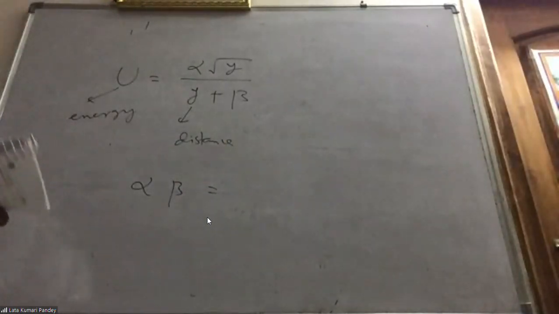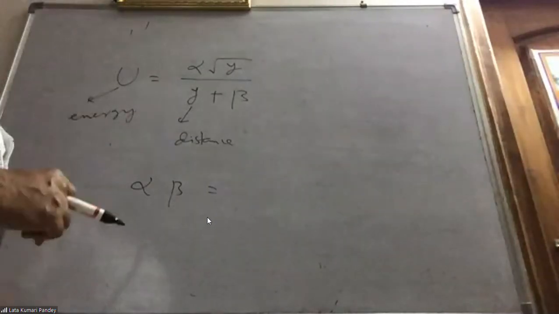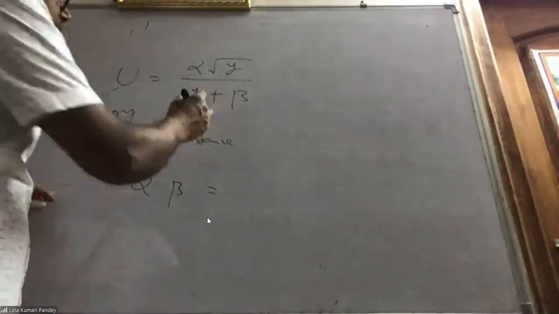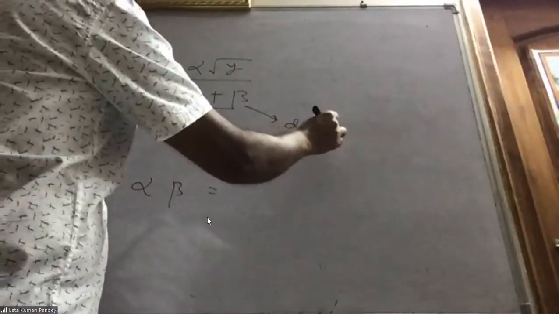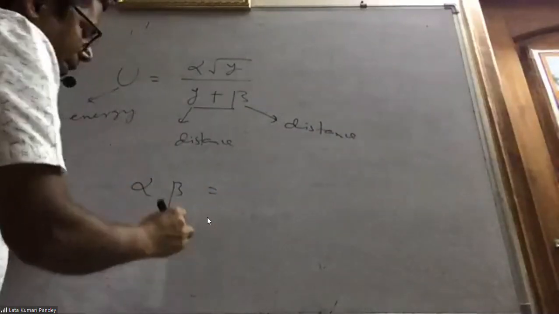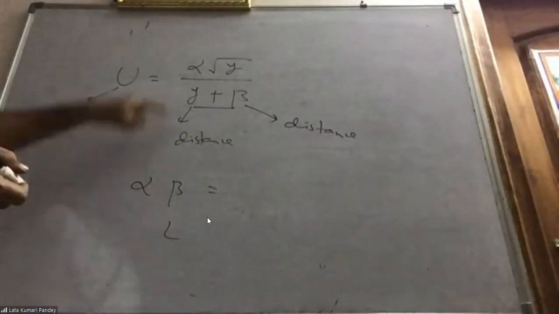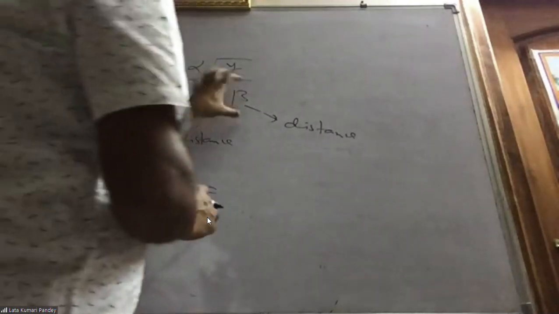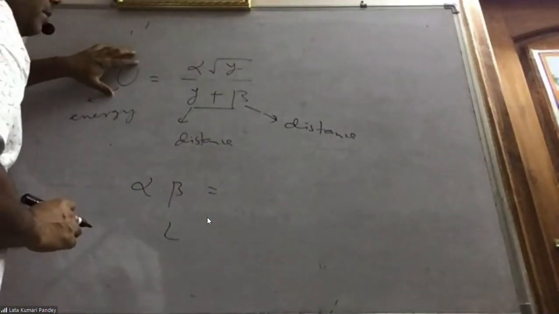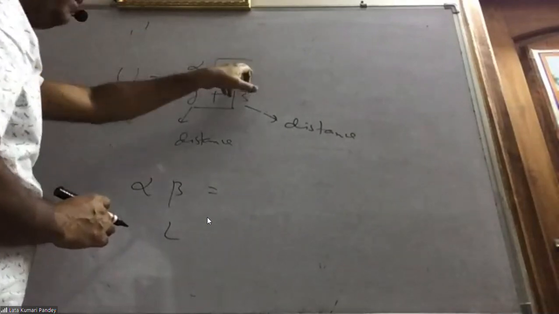This is energy. Now y is distance, and because this is an addition, beta is added to y, so beta should also be distance. So beta must have dimensions of length, and this entire quantity y plus beta is also length. This is energy. Alpha is unknown, and this will be root L.